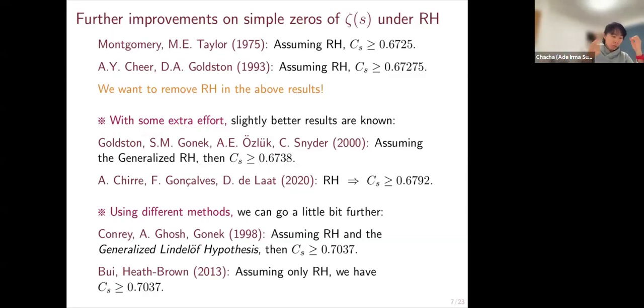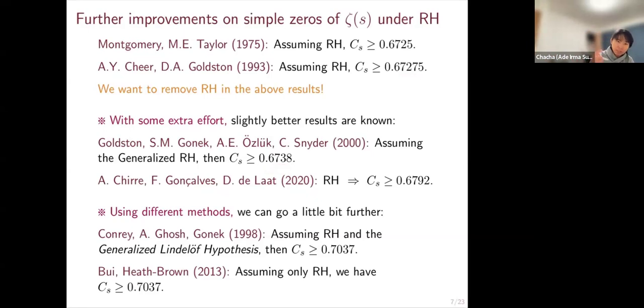Okay, so if you use that, and especially for example in Goldston, Gonek, Özlük and Snyder, they assume the generalized Riemann hypothesis. That is the Riemann hypothesis for Dirichlet L-functions. It's because they use the distribution of primes in arithmetic progressions. So if you combine that, you can improve on this proportion a little bit better.